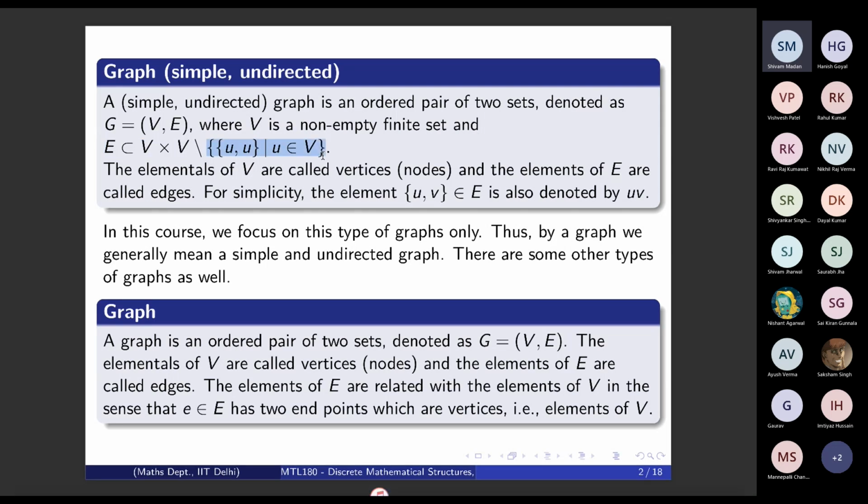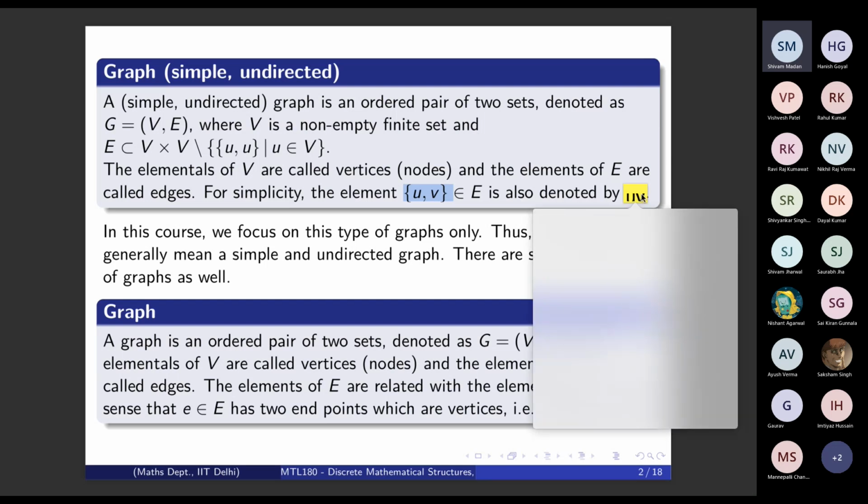That is, we remove the sets of the form U comma U, where U belongs to V. So any edge is a two element set U comma V, but for simplicity we generally write any edge as UV. Therefore, when we say edge, it means a two element set.